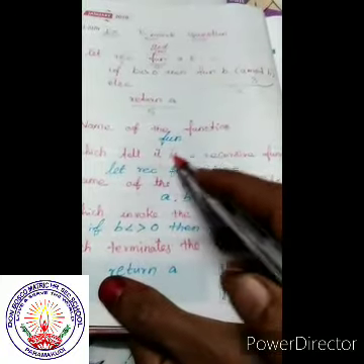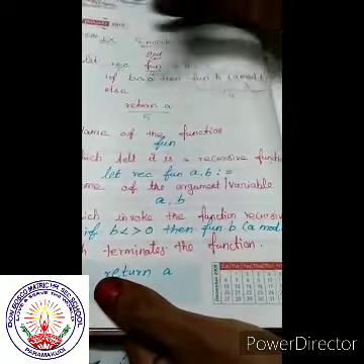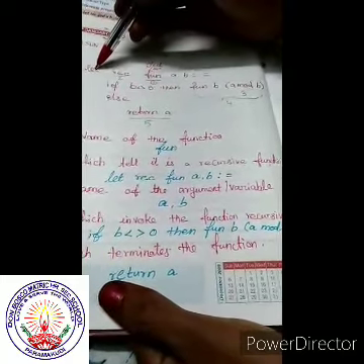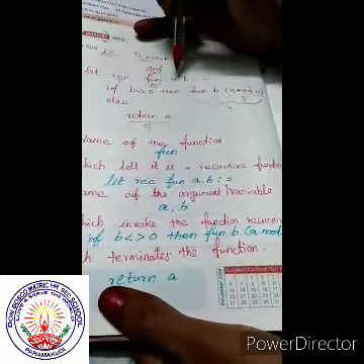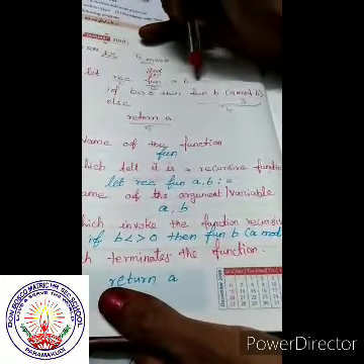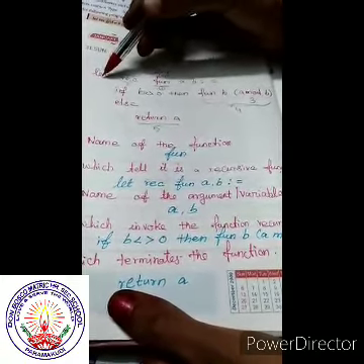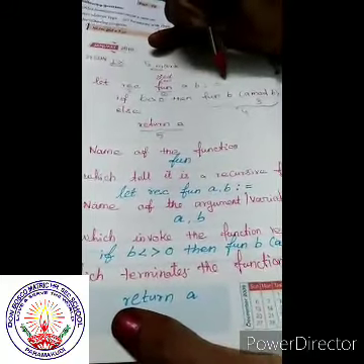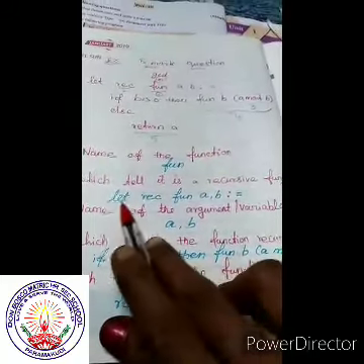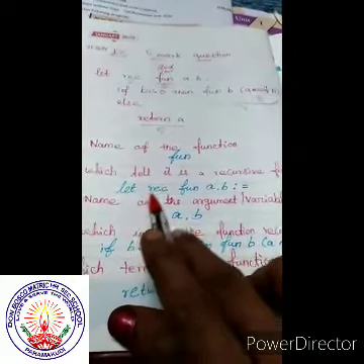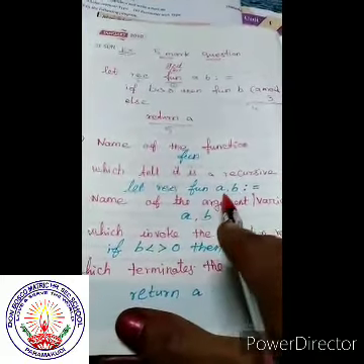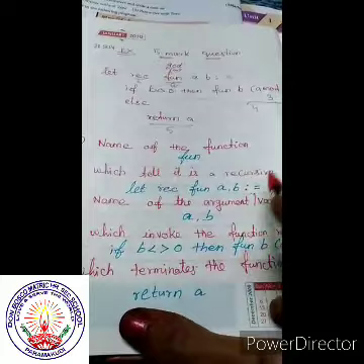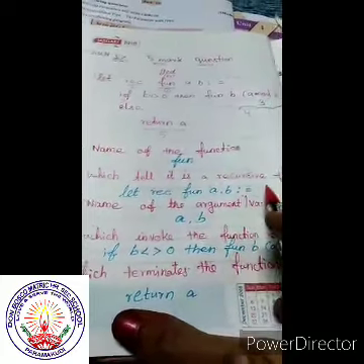This line: let rec fun A B colon equal. This statement is the recursive function definition. So I have to write the answer: let rec fun A B colon equal. This tells it is a recursive function.